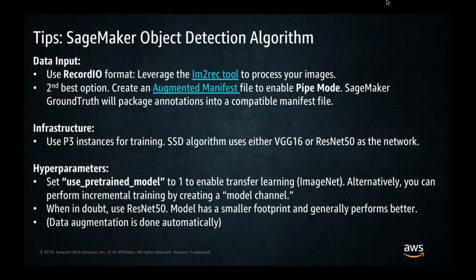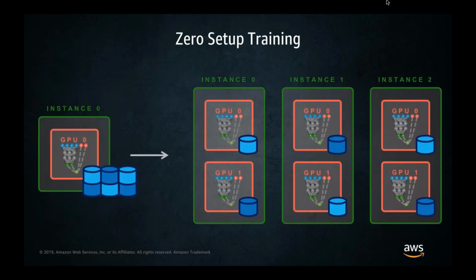If you only have time to test one, I would go with ResNet 50, which is a smaller footprint and generally achieves better results. All right, so once you configure your algorithm, you can then launch training jobs in SageMaker, and there's zero setup required. You pay for what you use, which is particularly helpful for large-scale training where you don't need to worry about setting up a distributed cluster.